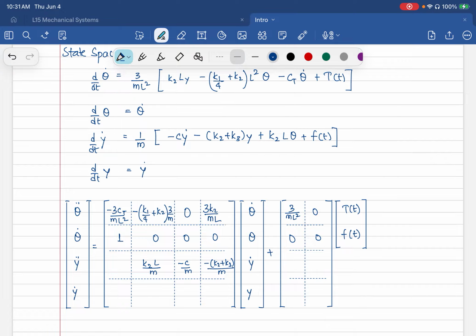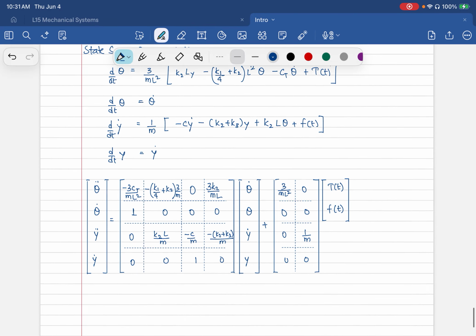And theta dot does not feature, so it's a 0 there. Tau of t does not feature, and so you have 0 there. F of t has 1 over m. And finally, you have 0, 0, 1, 0, and 0, 0 here.